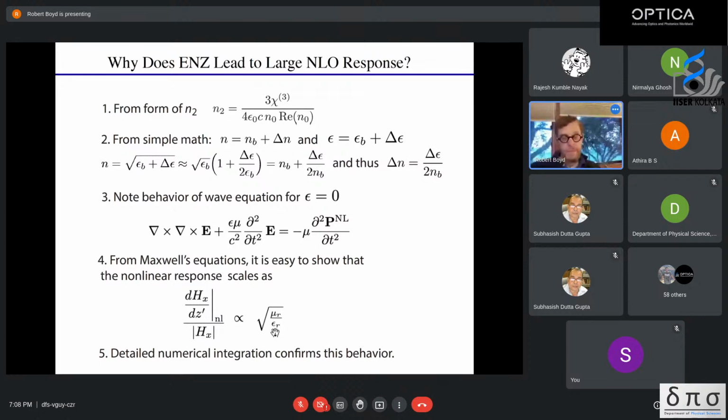So this is another way. I've been stressing that a small value of the real part of epsilon will lead to a large nonlinearity. This equation shows us that a large value of the magnetic permeability also leads to strong nonlinear response. And detailed numerical integration confirms this behavior.